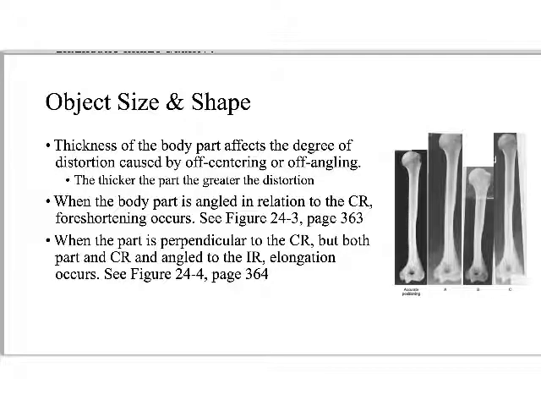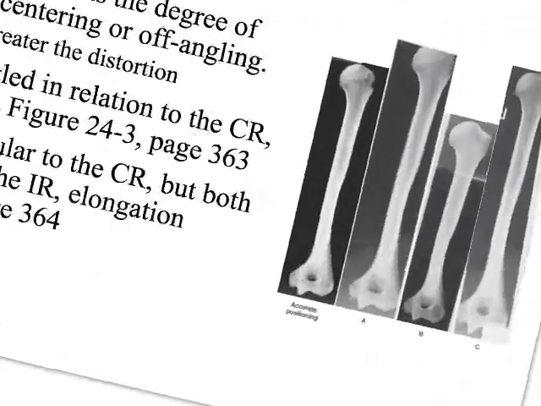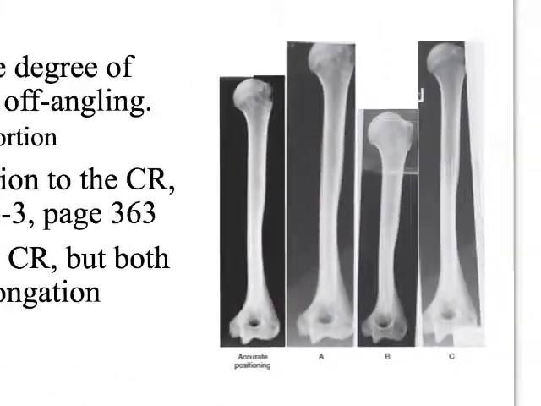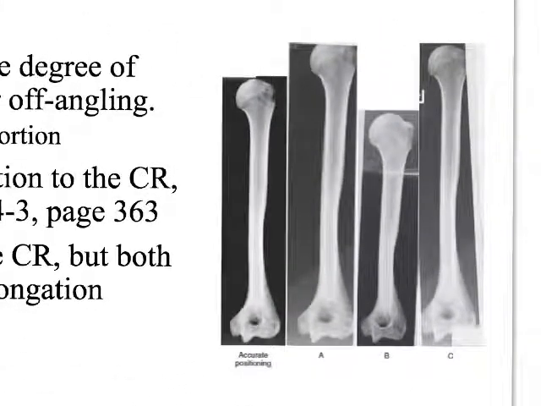Now, it can be difficult to differentiate between elongation and magnification, right? But they are different. They're going to be subtly different. The telltale sign, right, as we're looking at these images here on the right, is that if we're dealing with elongation, there's going to be a portion of the part that appears larger than it should, and a portion of the part that appears shorter than it should, or smaller than it should.